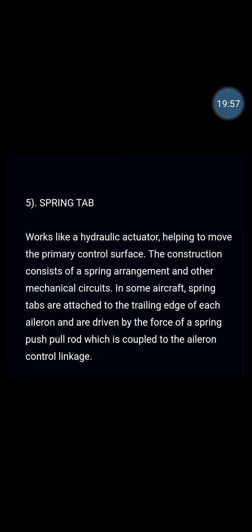In some aircraft, spring tabs are attached to the trailing edge of each aileron and are driven by the force of a spring-pushed pull rod which is coupled to the aileron control linkage.